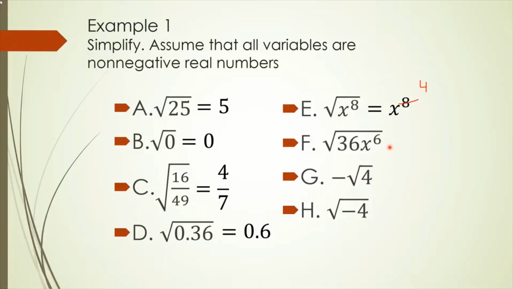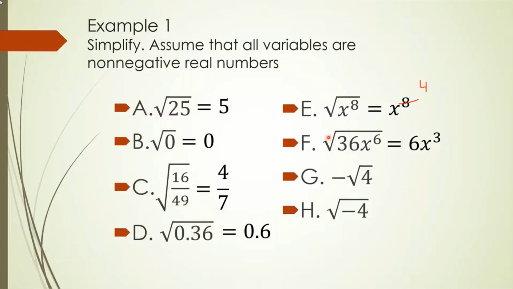Let's continue. So the square root of 36x to the 6th power, what times itself will give you 36, which would be 6, and what would give you x to the 6th? X to the 3rd. Now what you can also do, since it's a square root, it's implying that there's a 2 here for the radical.